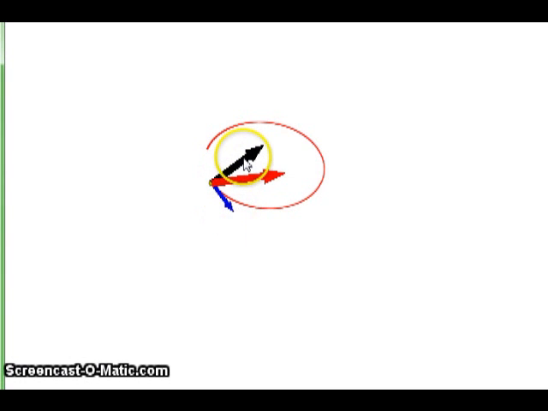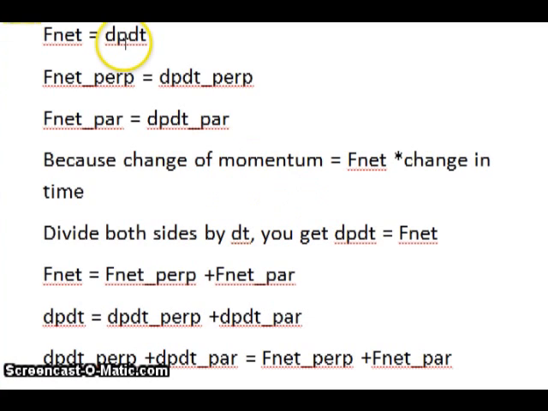So the perpendicular change in momentum is the black one, which was originally the force that was perpendicular. The blue one is the parallel change in momentum over time, and the red is the sum of the two. So it is the net change in momentum over time, or the sum of the perpendicular and parallel components of momentum. The net force is the change in momentum over time, and we get this from the momentum principle.